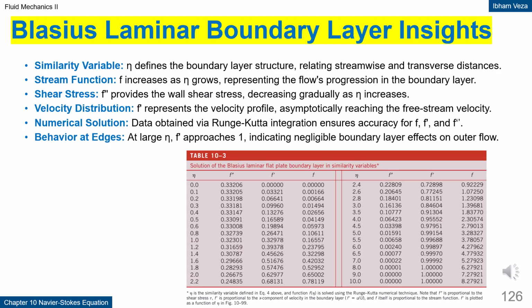The second derivative, f prime prime, is directly related to the wall shear stress, which decreases as the distance from the wall increases. The first derivative, f prime, represents the velocity profile that asymptotically approaches the free stream velocity. This solution is obtained numerically, for example using the Runge-Kutta method, since no closed-form analytical solution exists.